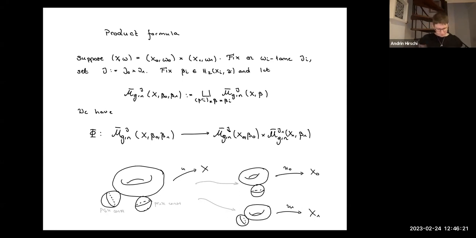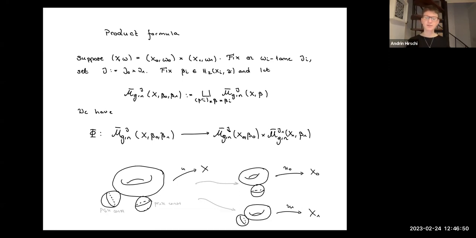An important thing to notice is that you can think of these contractions of components which become unstable after forgetting one factor as partial stabilizations. And this also shows you that if you forget the map U0 completely and stabilize the remaining domain, then you get the same thing as if you would forget the map U and stabilize the domain.